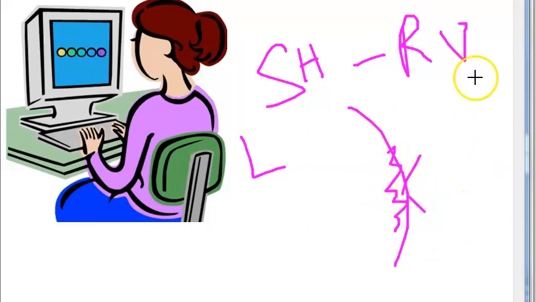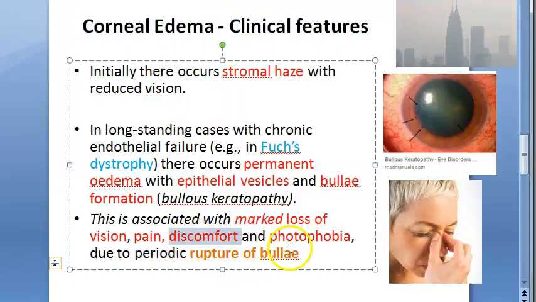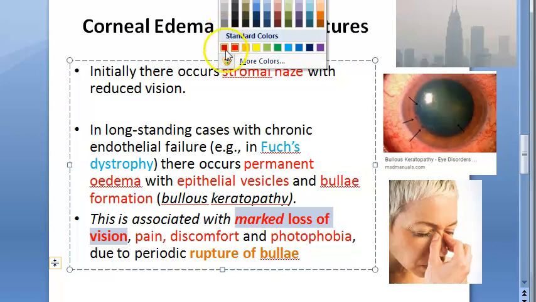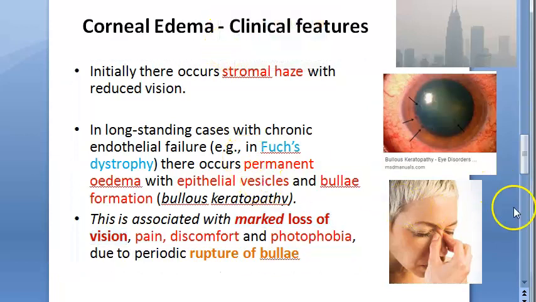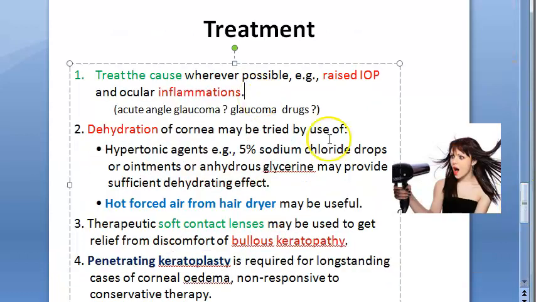And then this person will have pain, discomfort, photophobia, marked loss of vision. This is something that is important. And here the bullae are rupturing.